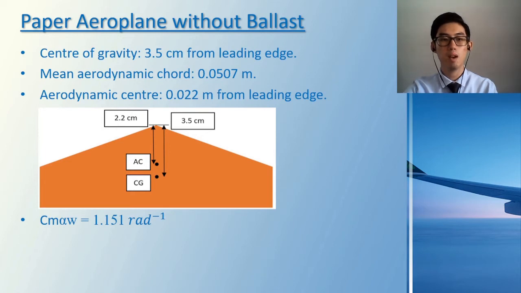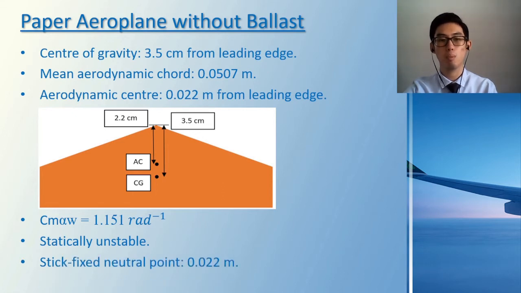The Cm alpha W of this paper aeroplane is 1.151 per radian. Therefore, I can conclude that the paper aeroplane without ballast is statically unstable. This is because Cm alpha W is more than 0. The stick fixed neutral point is 0.022 meter.